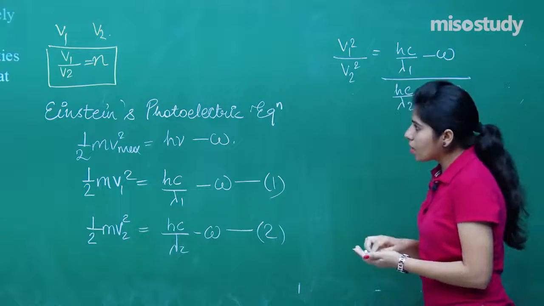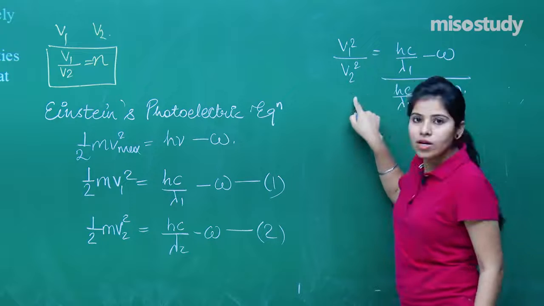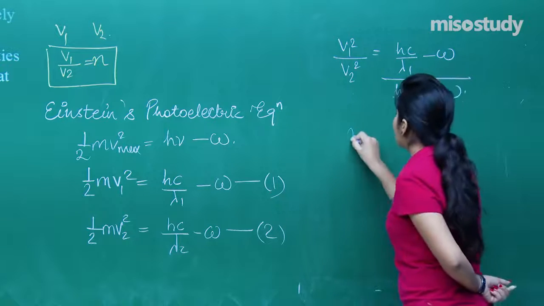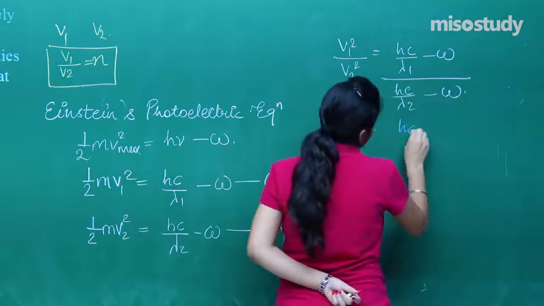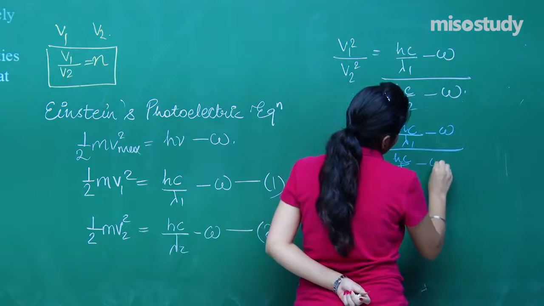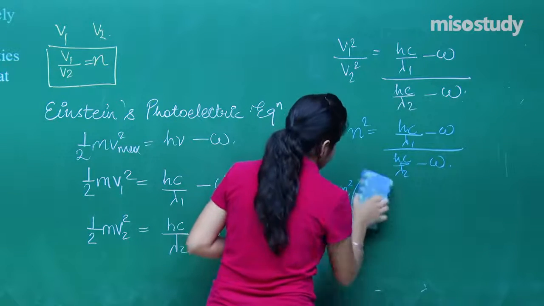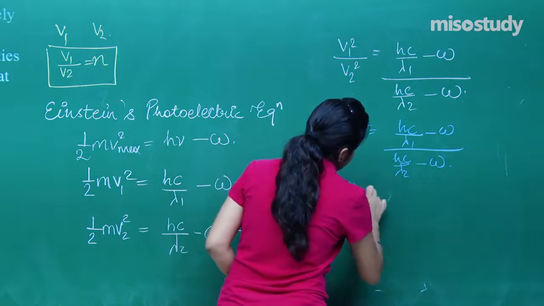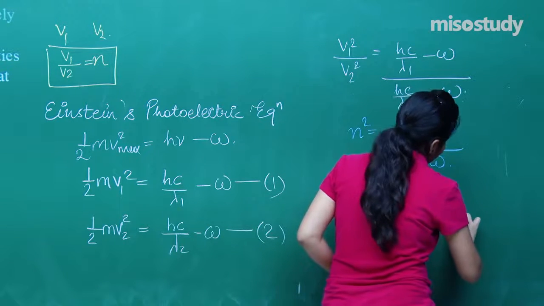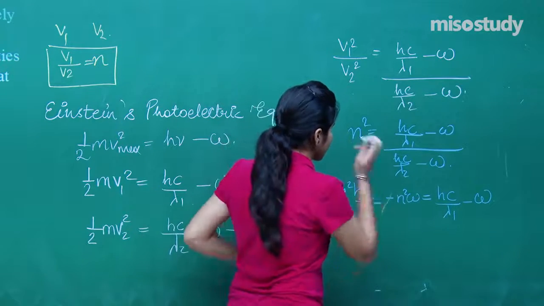Now see, in the question we have been given v1 upon v2 equals n. So you can put the value of v1 upon v2 whole square, that is n square. So n square equals hc upon lambda 1 minus W divided by hc upon lambda 2 minus W. You can multiply this n square into hc upon lambda 2 minus n square W equals hc upon lambda 1 minus W. So bring out the common terms and take them together.